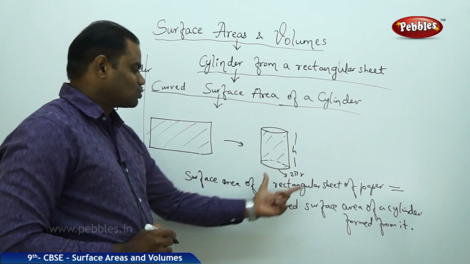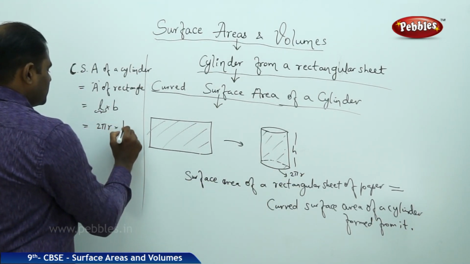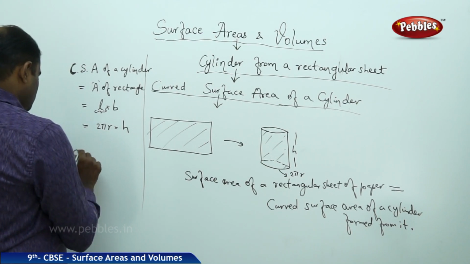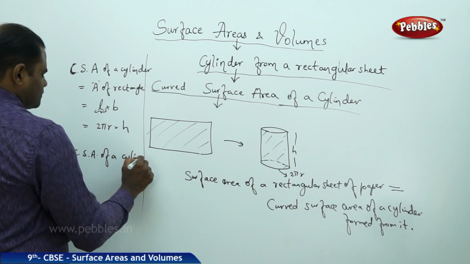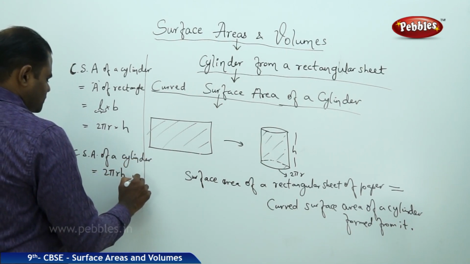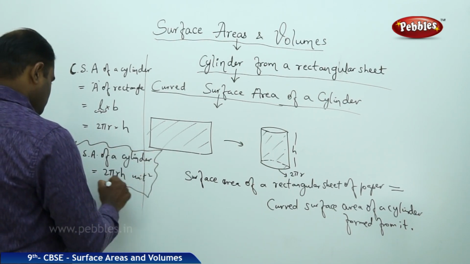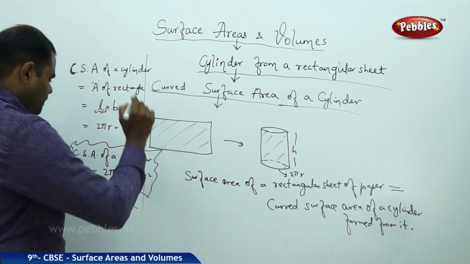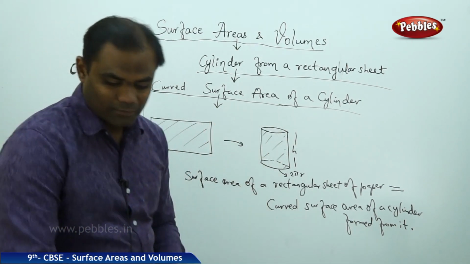So length becomes 2 pi r and the breadth becomes height. Therefore, the CSA of a cylinder is 2 pi r h unit square. This is how we understand the curved surface area of a cylinder.